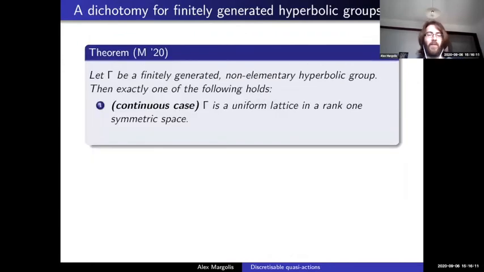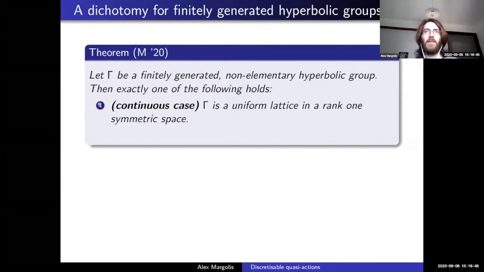So far, I haven't yet given you any interesting examples of discretizable spaces other than trees. But here we can see how ubiquitous a discretizable space is. So if we have a finitely generated non-elementary hyperbolic group, i.e. just a hyperbolic group that's not finite and not two-ended, then it's either a uniform lattice in a rank 1 symmetric space, and quasi-actions on these are fairly well understood.